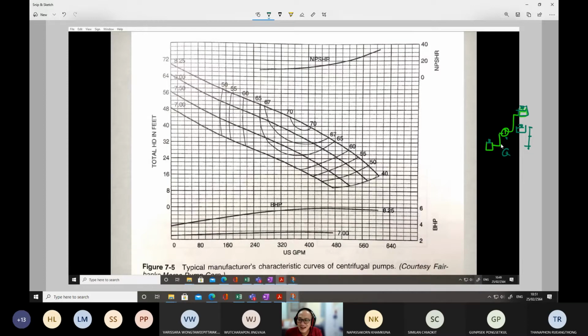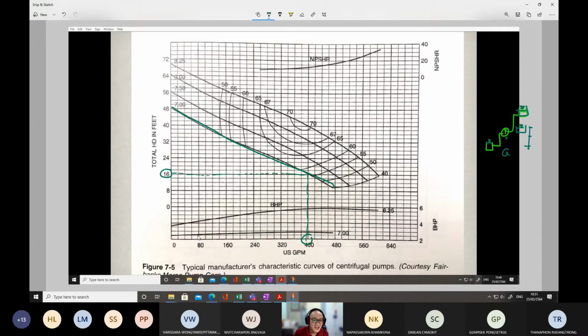Okay, so the relationship between the total head carried by the pumps and the flow rates is given like this. If you want to pump the water at higher flow rates, you cannot pump at a very high water level difference.